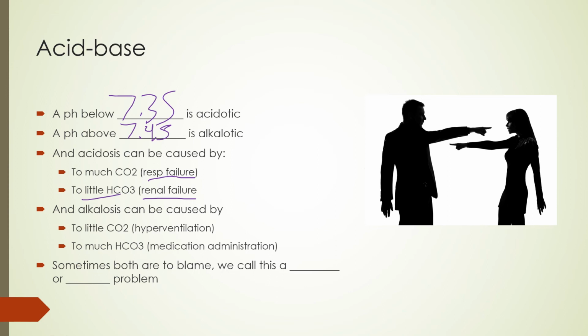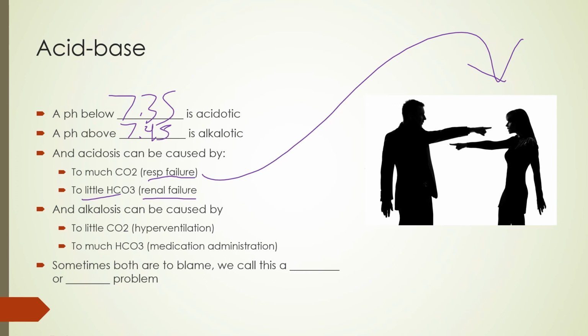So we call it metabolic acidosis or respiratory acidosis, right? We're trying to ultimately assign which organ system is to blame, right? Who's to blame for this pH being off? And then both of these people are like, you are, right?